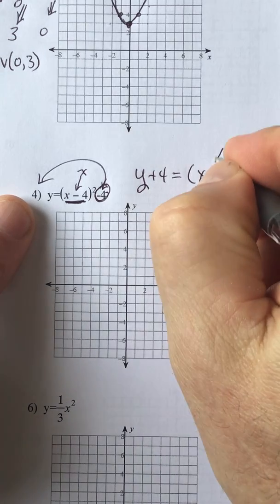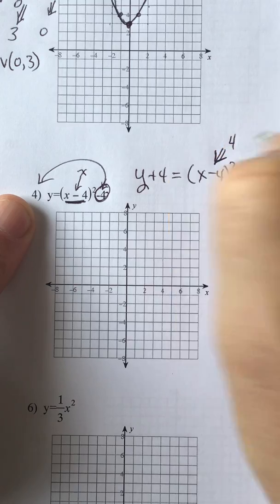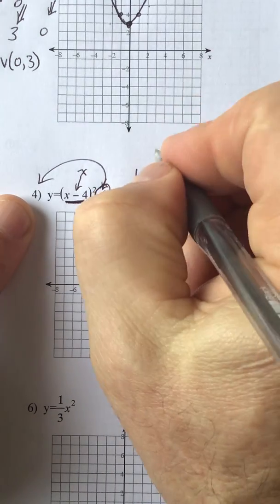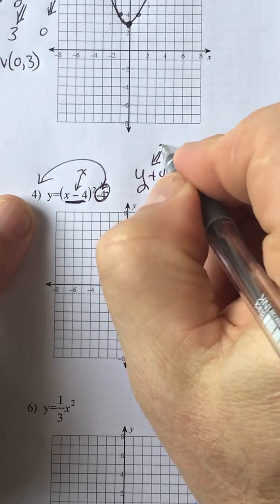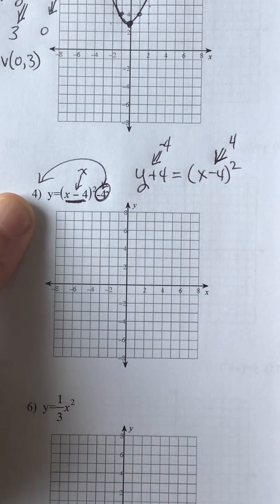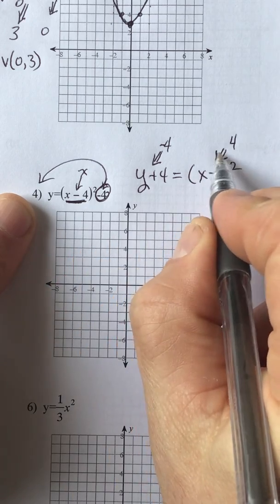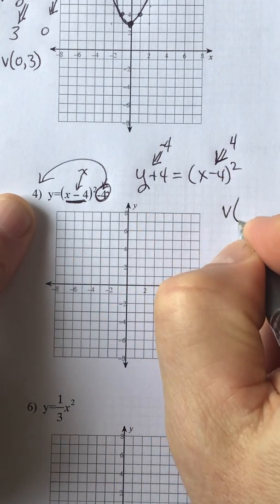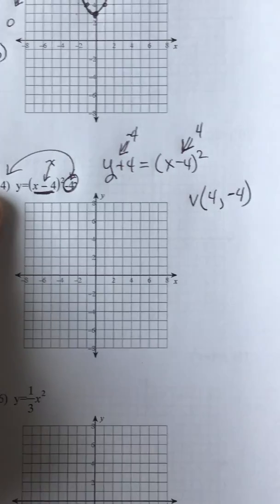Okay, here's the x inverse, so the x shift is going to be +4. And here's the y inverse. Now what makes that add up to 0 is a -4, so the y is a -4. So even though it started out as a -4 and a -4, one of them was positive and one of them was negative. So the vertex, the x part is 4 and the y part is -4.